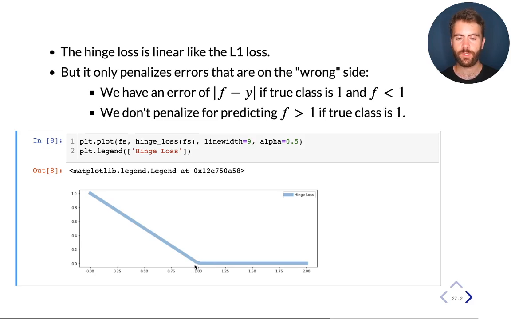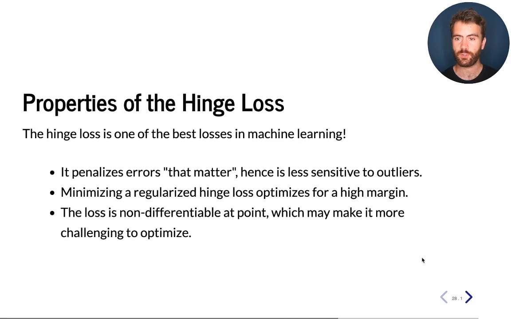And because it's not defined, there could be some optimization issues with this loss. But in practice, it's not something that you should worry about too much. There are ways of handling this, and in practice, the hinge loss actually works quite well, even though there is this discontinuity, which might, in theory, make optimization more difficult. So, in other words, the hinge loss is a good loss, and you should use it.